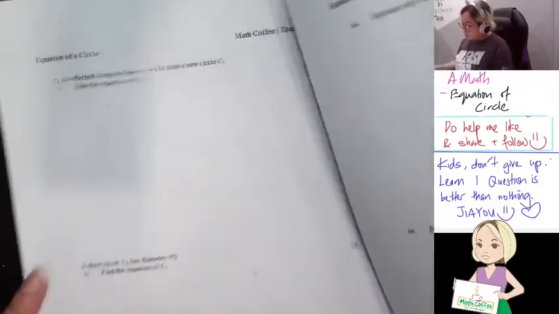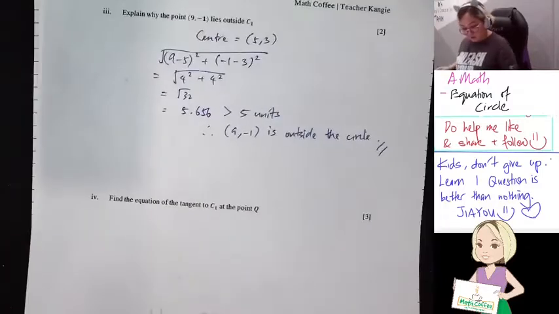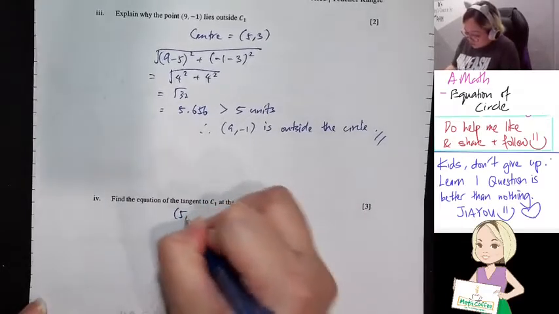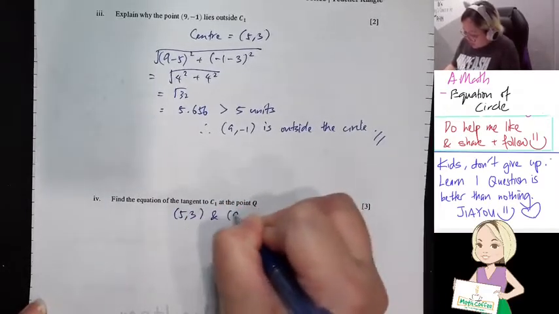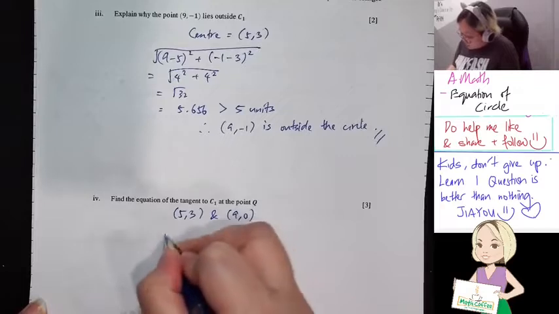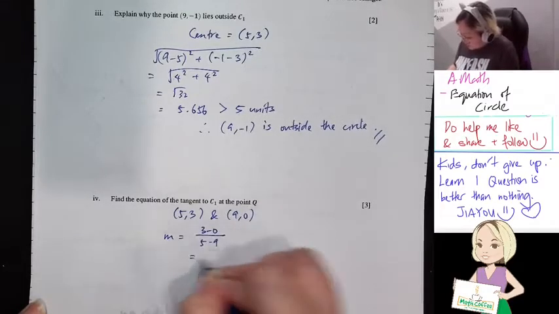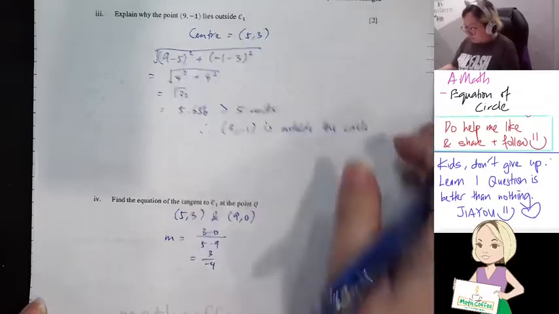So let's go and find it. I will use the center, which we know is 5, 3, as well as 9, 0. I need to find the gradient. So the gradient is 3 minus 0 over 5 minus 9. So it's 3 over negative 4.